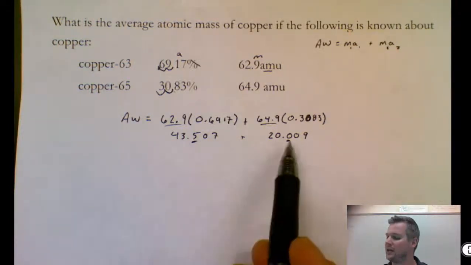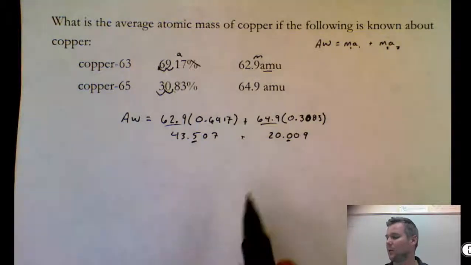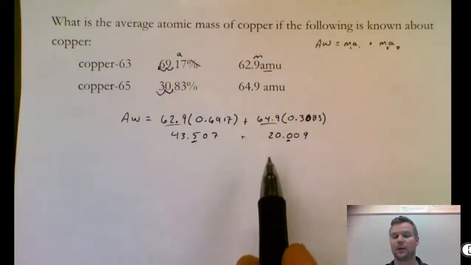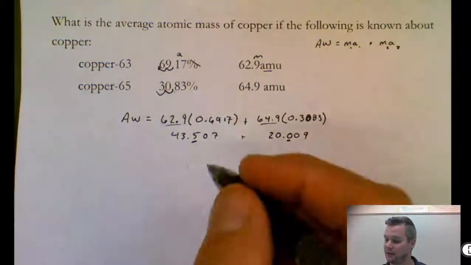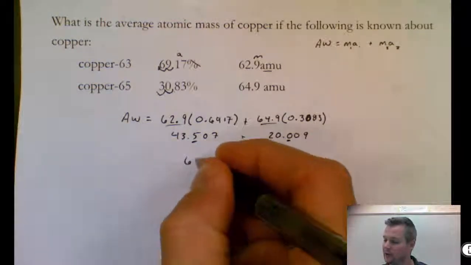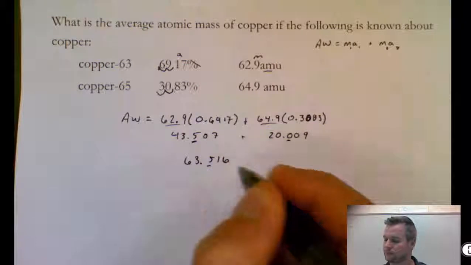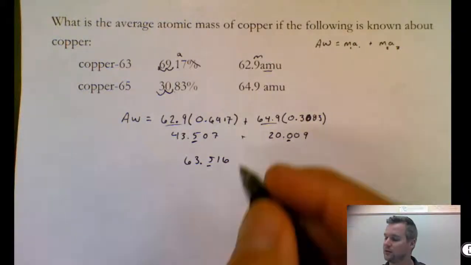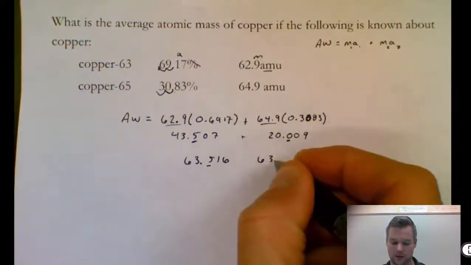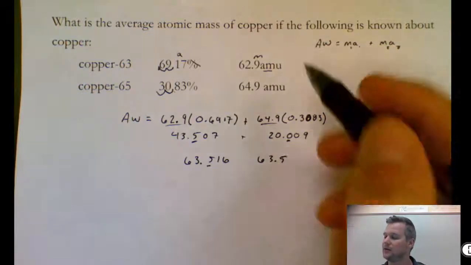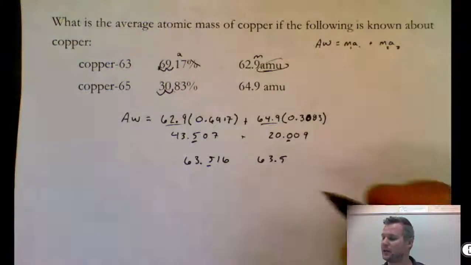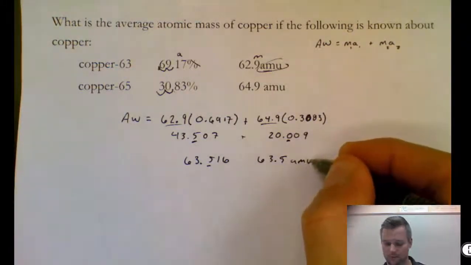Now, since we're doing the adding rule, I need to be thinking about my final position being in the 10th position for my final answer. So adding these two values together, 63.516. There's my 10th position, so that means that this problem rounds to 63.5. And then the mass unit is going to be whatever's provided to you, and that is AMU.